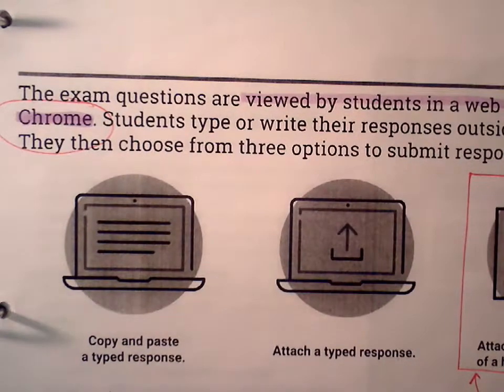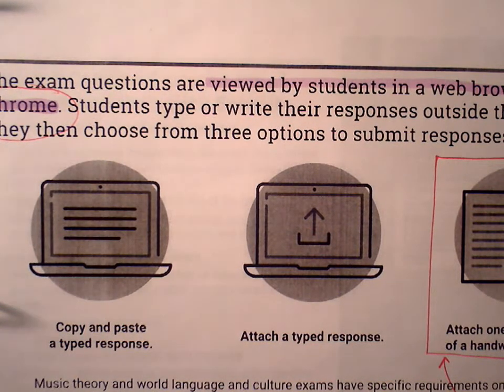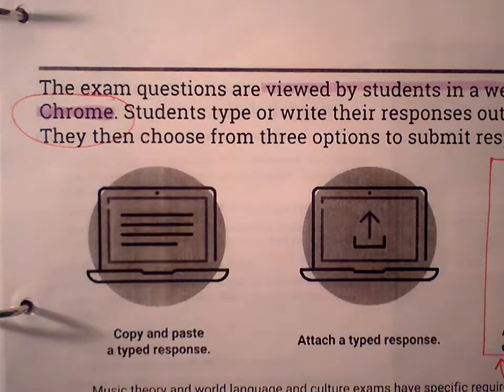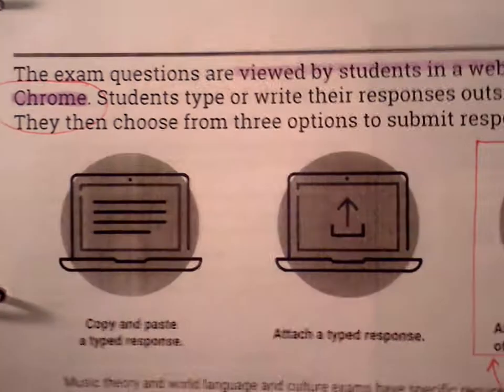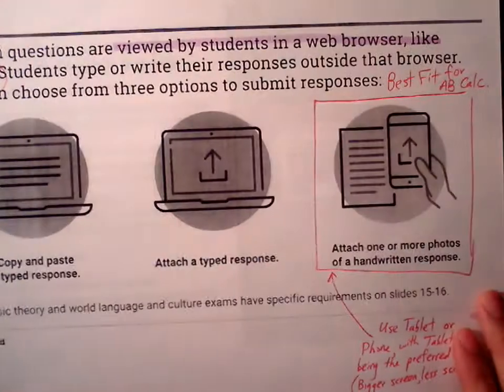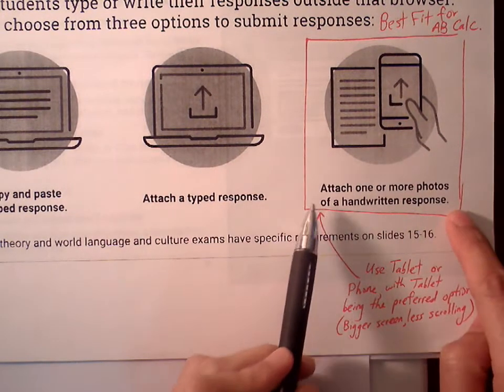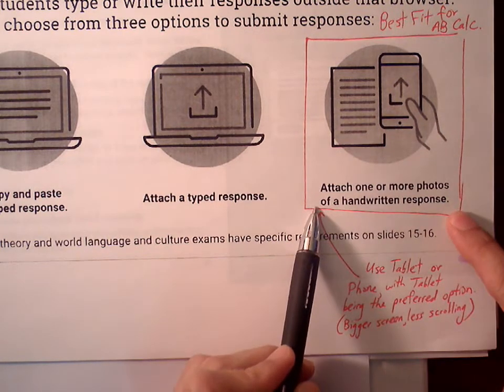Okay, so the exam questions are viewed by students in the web browser, which hopefully you'll be using Chrome. Students can either type their response or they can copy and paste. But I think the best fit for us is going to be attaching one or more photos of a handwritten response.